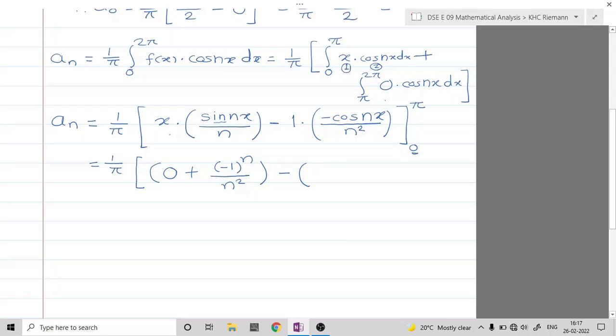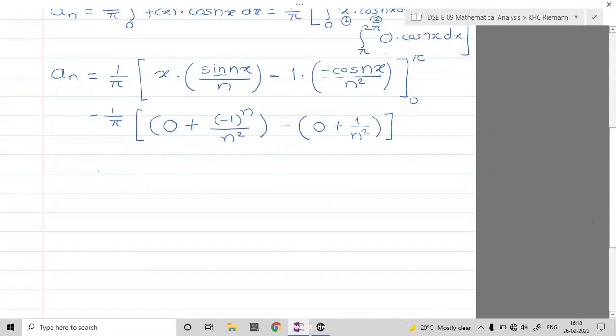When x is equal to 0, this part is 0, 0 into sin 0, again 0, so the first term is 0 for the lower limit x equal to 0. And when we put x equal to 0 in the second, minus minus again plus, cos 0 is 1, denominator n square again as it is. This is it, upper limit minus lower limit. Okay, so after simplification we can take the denominator n square common.